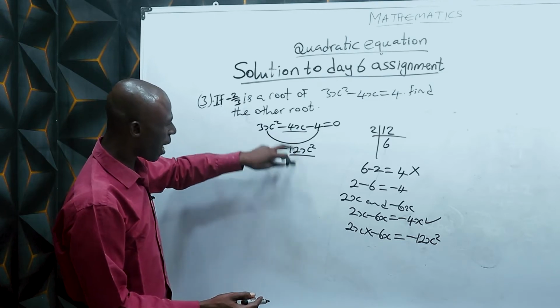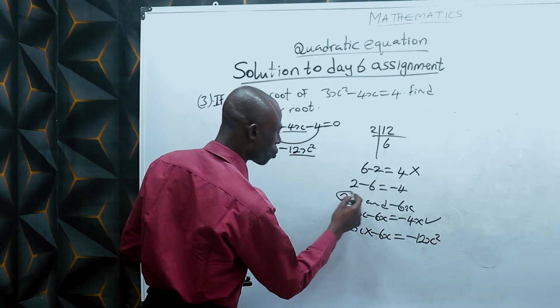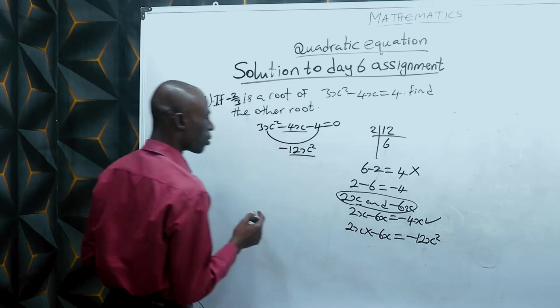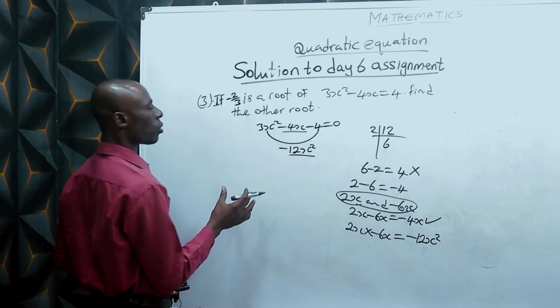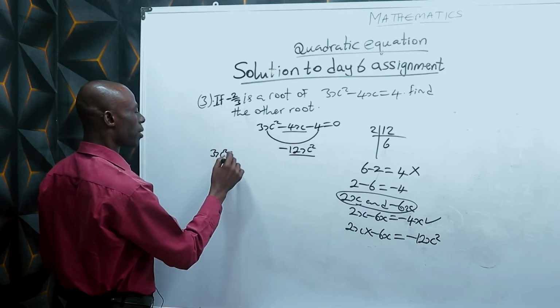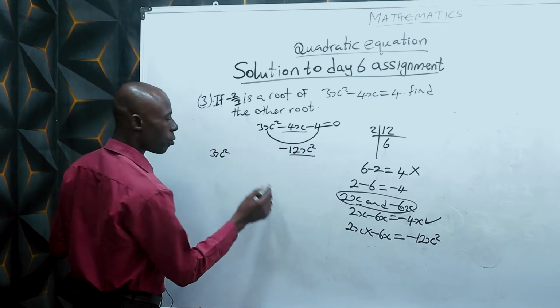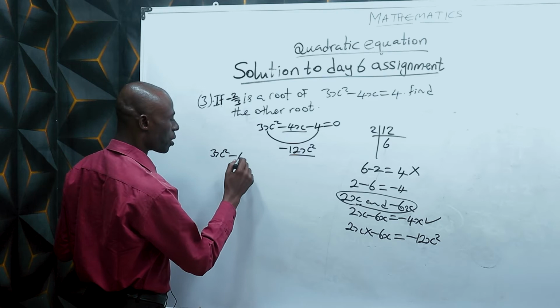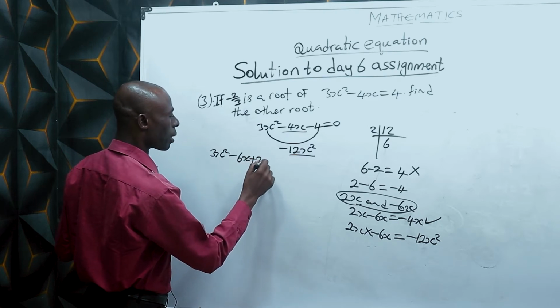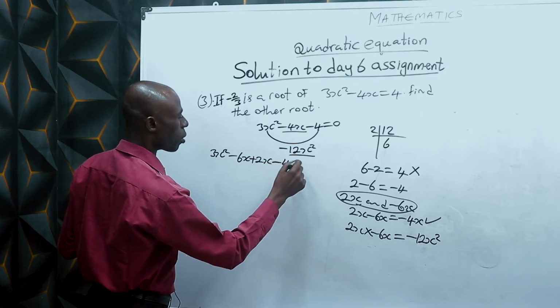Once the two targets are reached, then the factors used are viable factors. So you now use the two factors to represent the middle term as 3x squared. Instead of writing minus 4x, we write minus 6x plus 2x minus 4 equals 0.